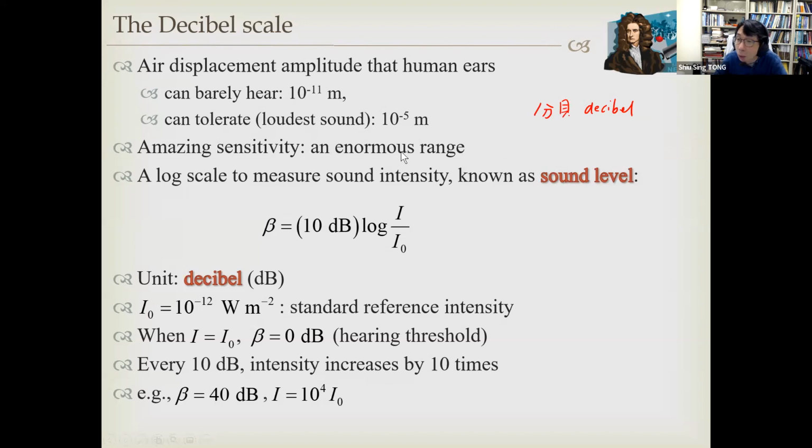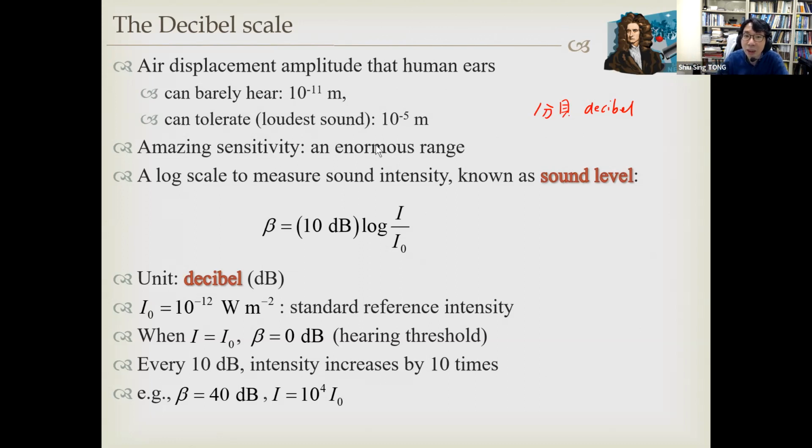So there's an enormous range. If the displacement has such a large difference of, say, 15 orders of magnitude, that would be an enormous range. But our ear is very sensitive. It can hear sound waves of very different amplitude.